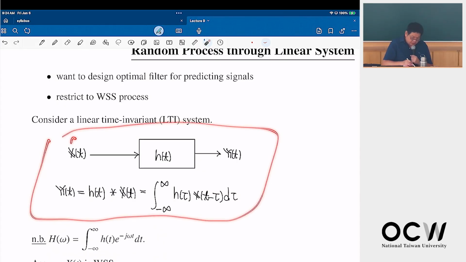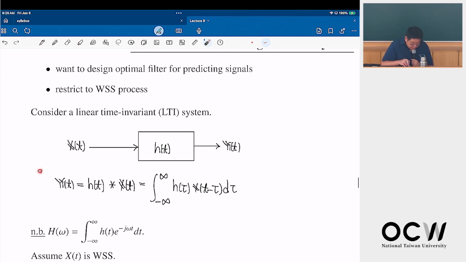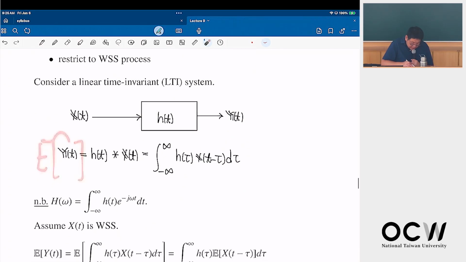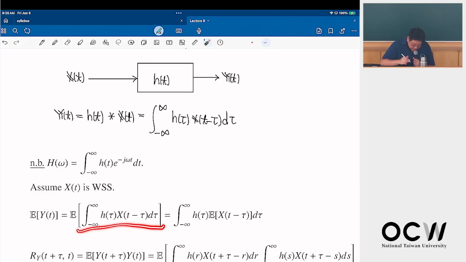Now we will restrict the input random process to be wide-sense stationary. If X is wide-sense stationary, then let's take the expectation and see the expectation of Y. If I take the expectation, what should we keep? The expectation is for the random process here.